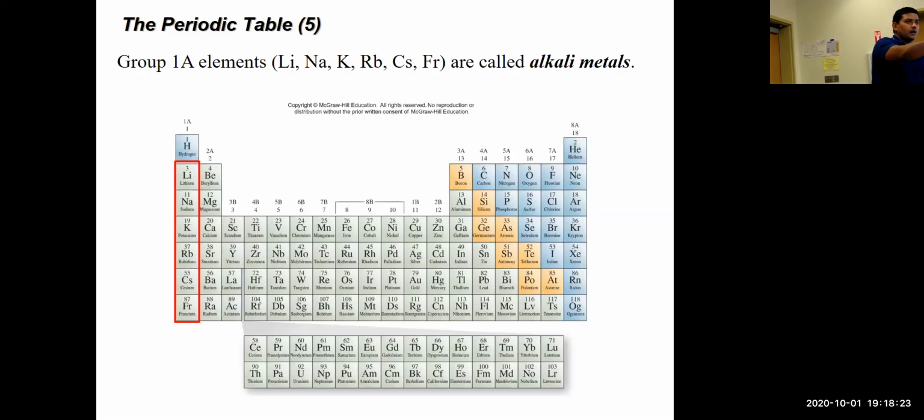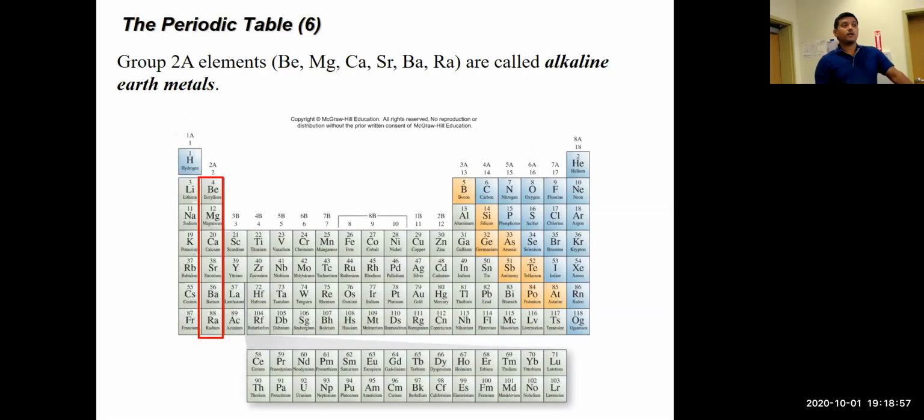Group 1, excluding hydrogen, which should be here but is arranged here because of its number of valence electrons, which we get into later in this term. All the metals in group 1 were shown to have similar characteristics. That's why they were arranged there: lithium, sodium, potassium, rubidium, cesium, and francium. They are generally referred to as alkali metals. So if you say alkali metal group, chemists will know you are referring to group 1.